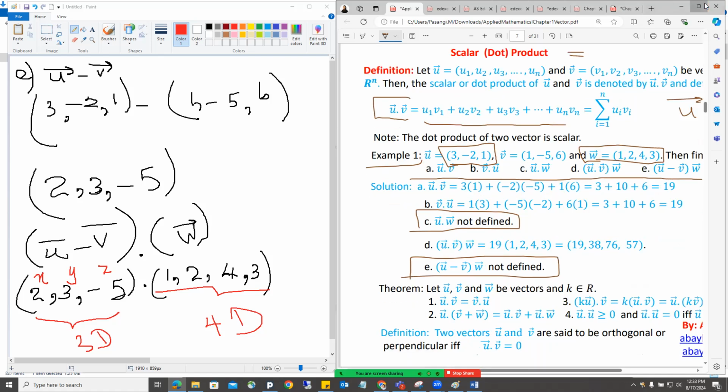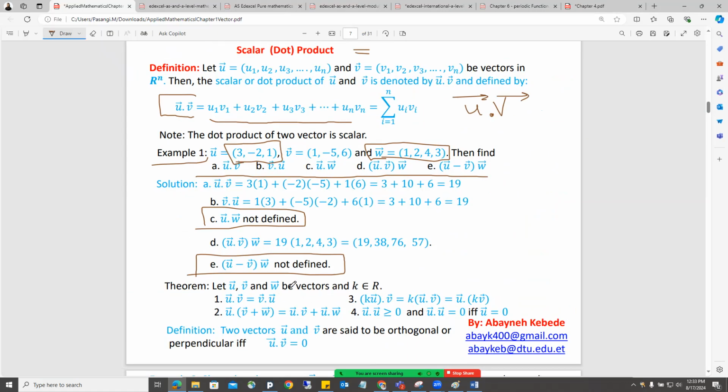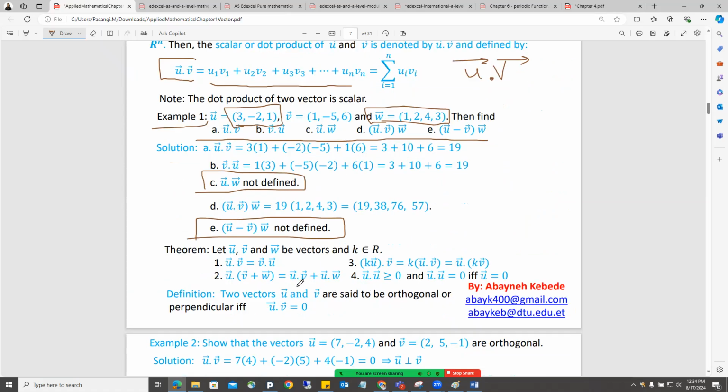Okay, now we'll move to the next theorem. Let vector u, vector v and vector w be vectors and k be a real number. We have a few identities for these vectors. So what are those identities?